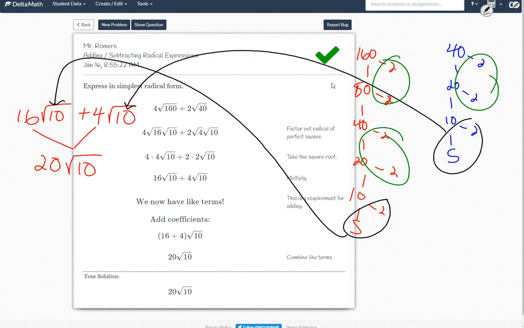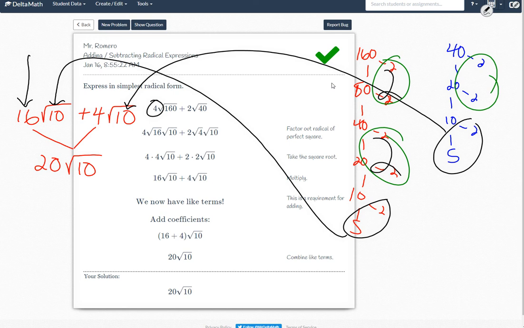On the outside, the ones that did have pairs, for every pair on the outside, it comes out 1. So there's a 2 and there's a 2. Those 2s joined the 4 that was already out there. So what is 4 times 2 times 2? 16.